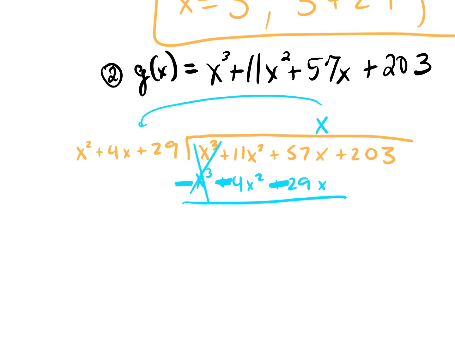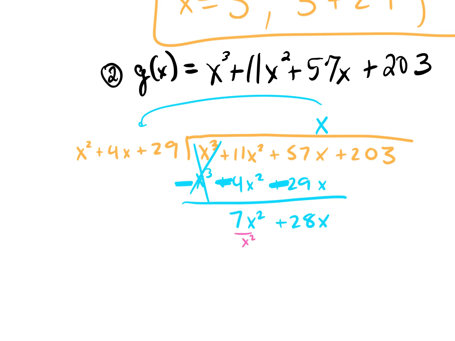So the first ones cancel. 11x squared minus 4x squared would be 7x squared. 57x minus 29x would be 28. So plus 28x. What's next?